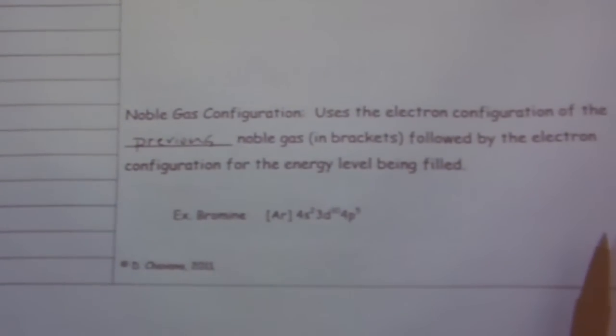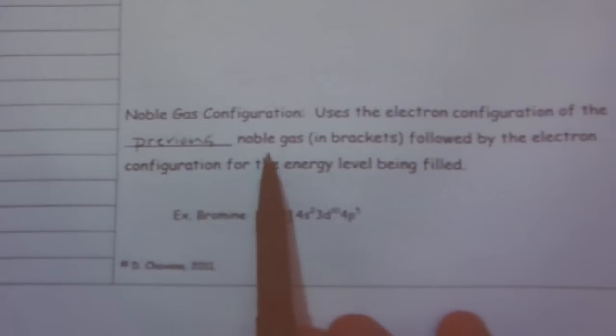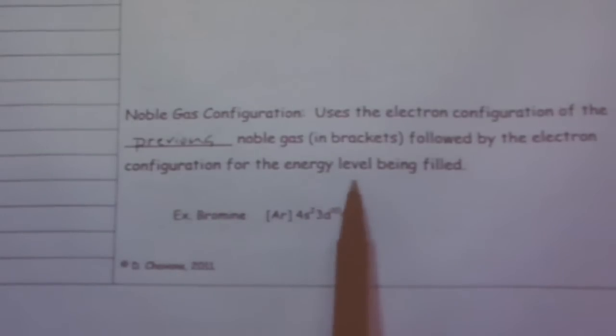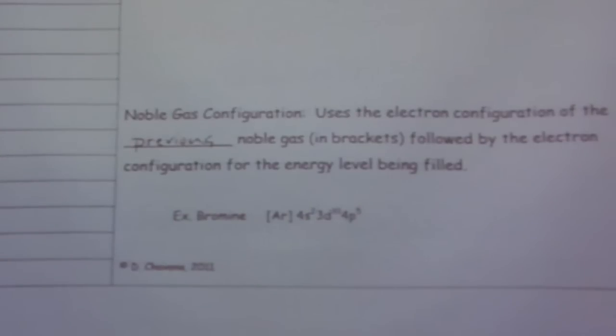Let's talk about noble gas configuration. In noble gas configuration, we use the electron configuration of the previous noble gas in brackets, followed by electron configurations for the energy level being filled. For example, bromine. We're going to start with argon and place that in brackets.